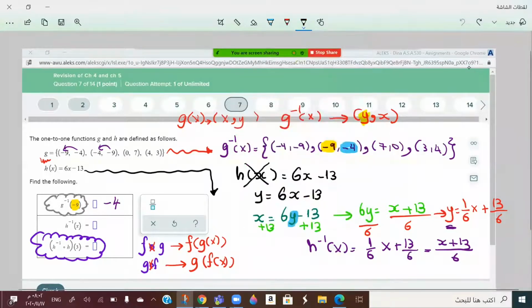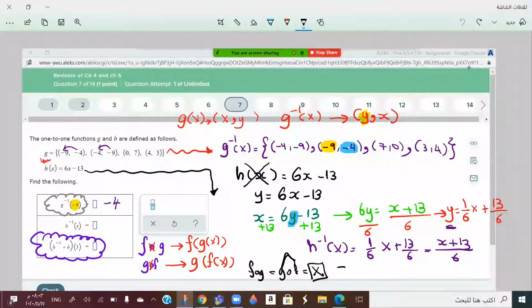And previously we said that whenever you have F O G and G O F of X, that means these two functions are inverses.